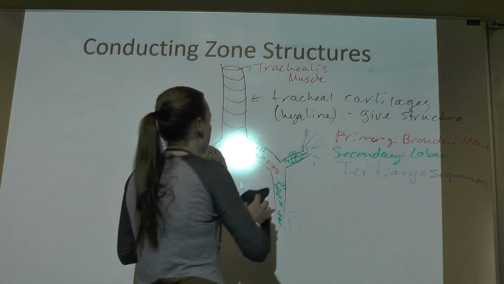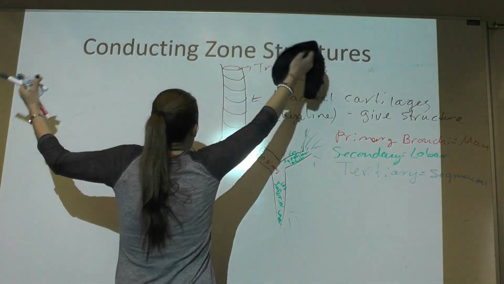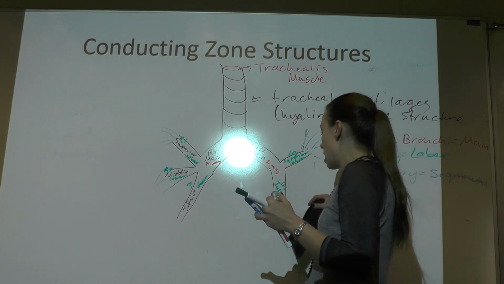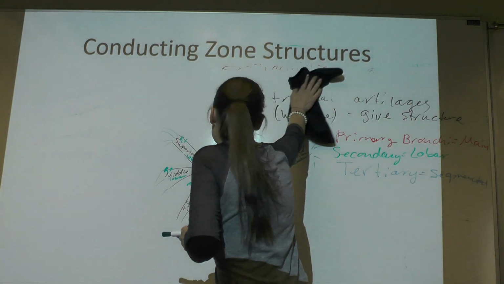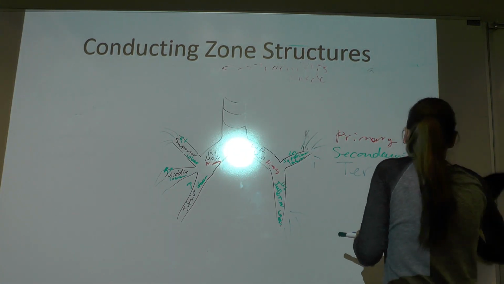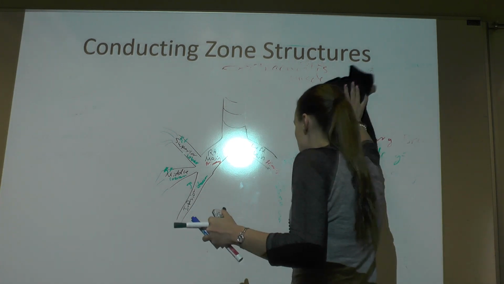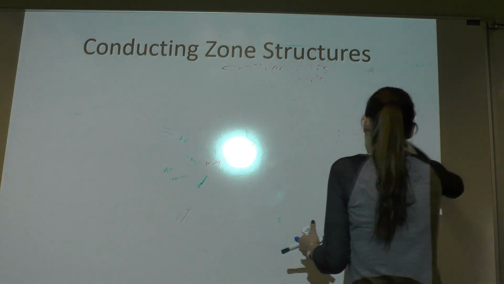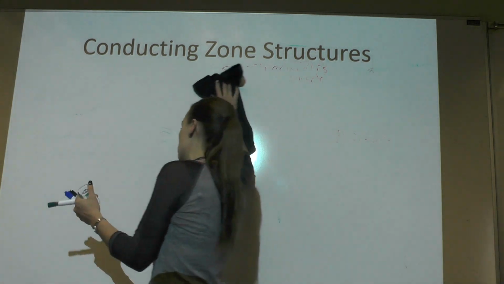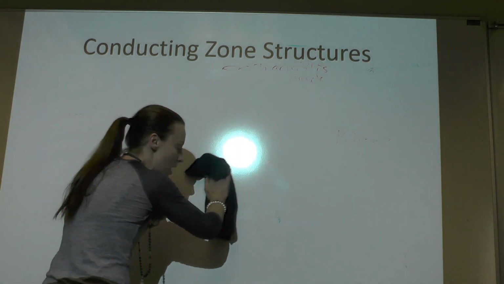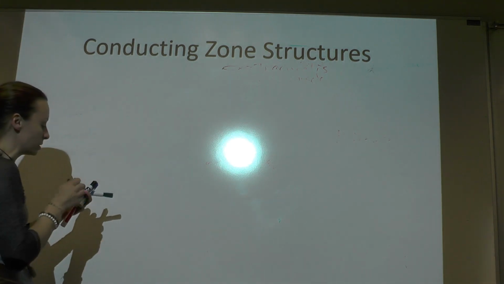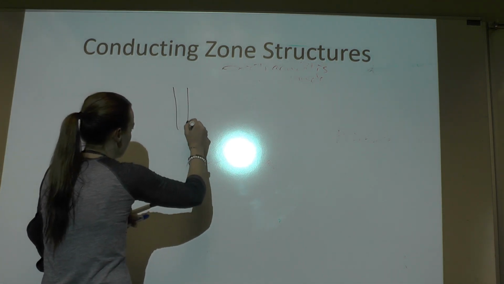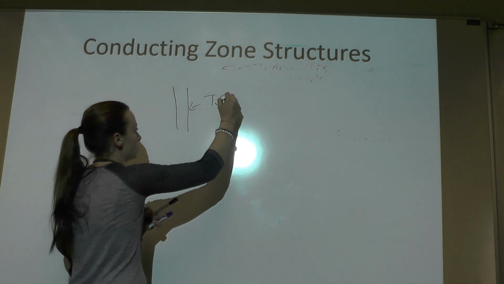And it is, as we already talked about, part of the conducting zone. Our conducting zone structures are everything all through this bronchial tree, all the way down to these little teeny tiny bronchioles. We go from these segmental bronchi to smaller and smaller bronchioles until we get down to terminal bronchioles.